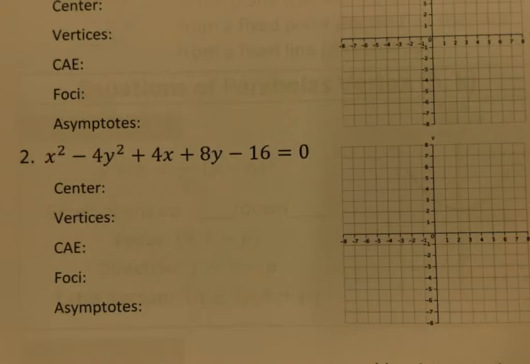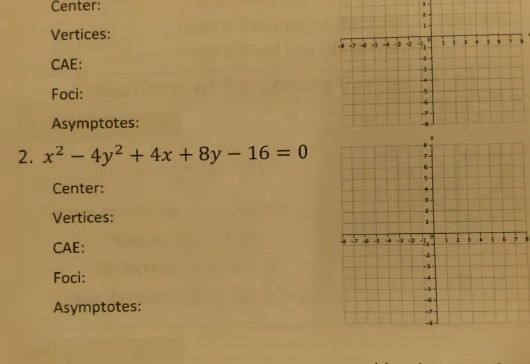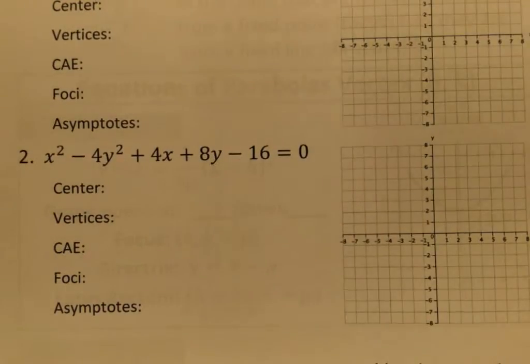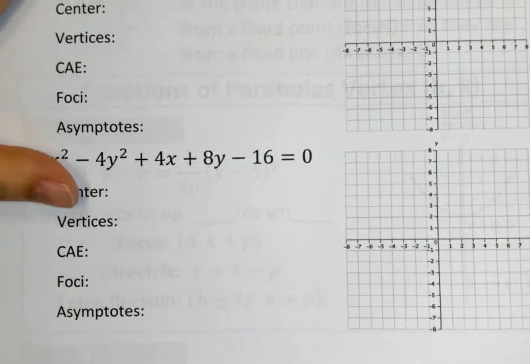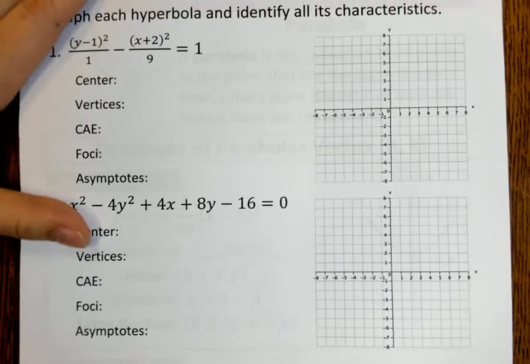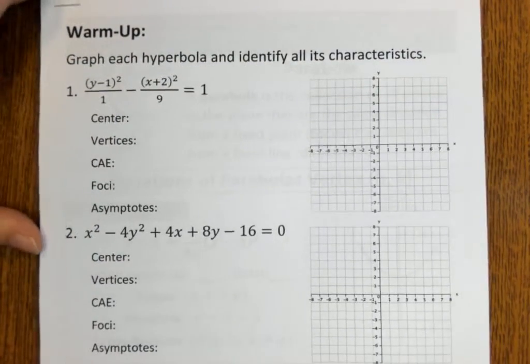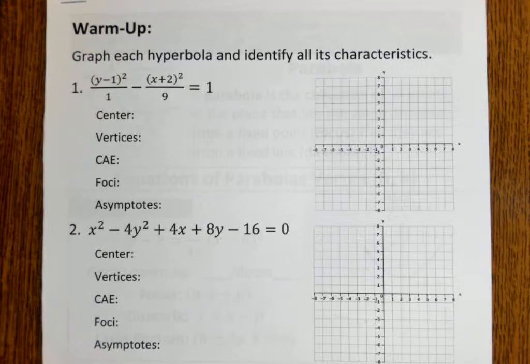For number 2, I need that square put in on the y. But there is no typo on 3, 4, 5, or 6. So when you're looking at those problems, just know they're all correct. We just did this. So go ahead and get started on that. You're welcome to work together and compare your answers.